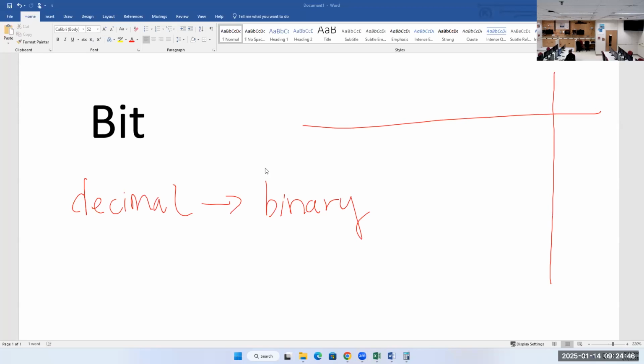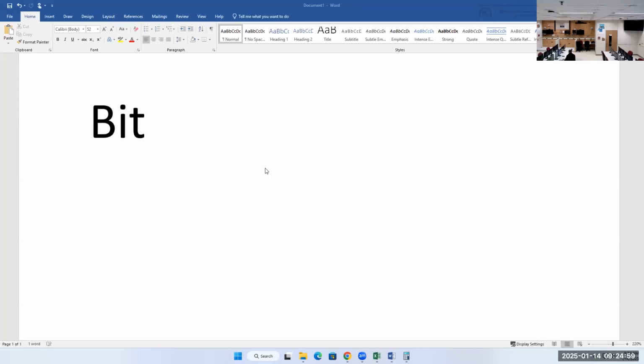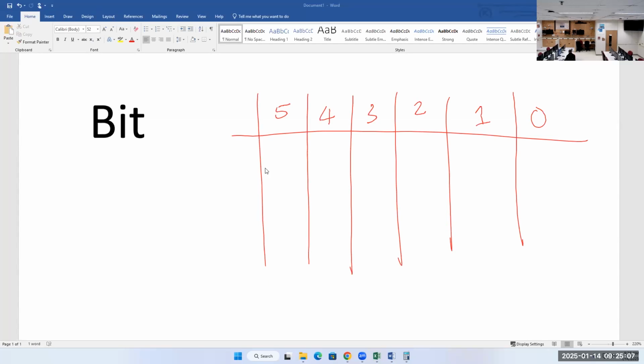So again, I have columns 0, 1, 2, 3, 4, 5, 6, and 7 here. I have 1 byte, 8 bits here.